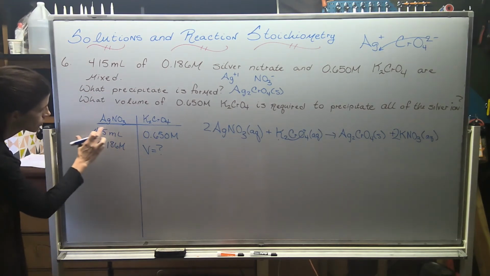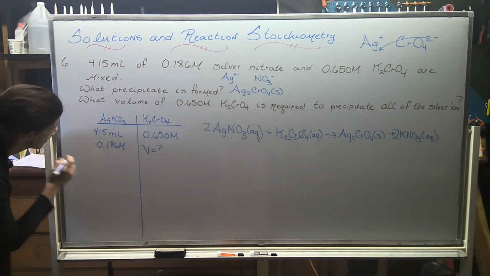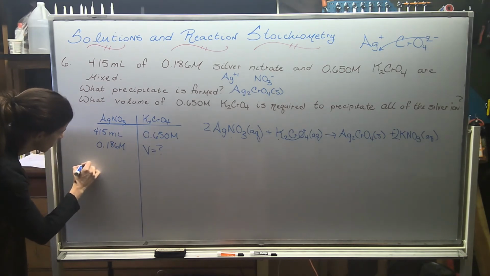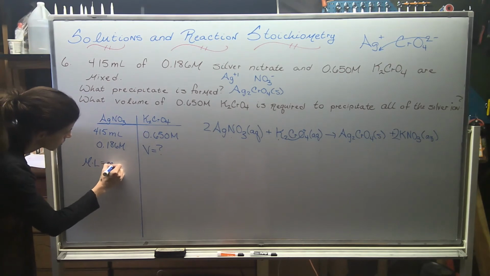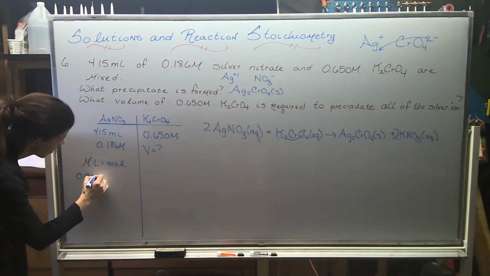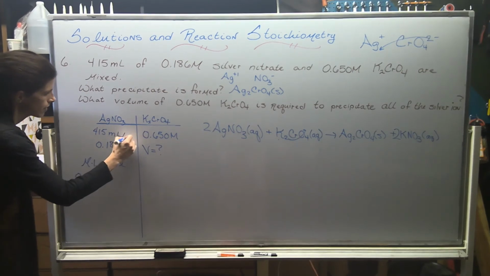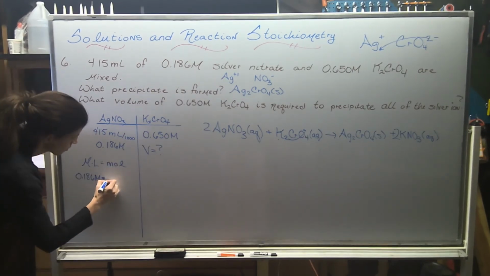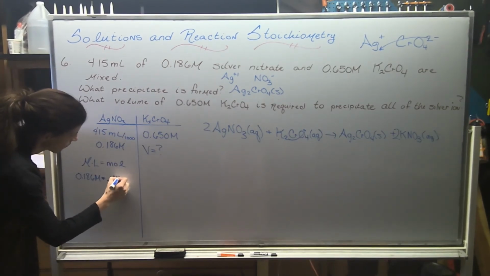So here I can solve for moles, and I'll do that by doing molarity times liters. So do 0.186 molar times, we'll divide this by 1,000, so 0.415 liters.